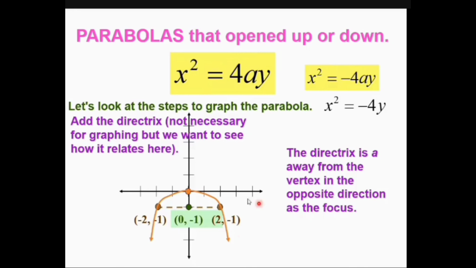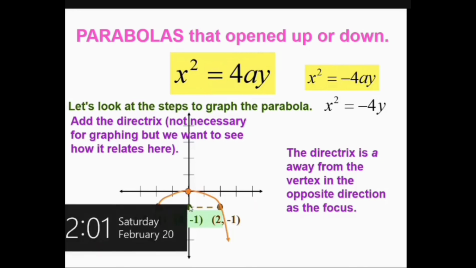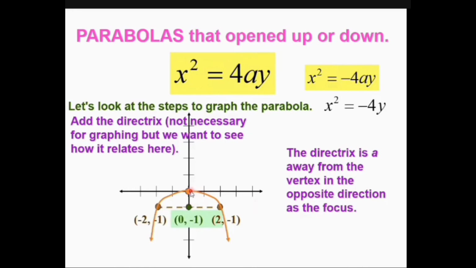So meaning, kung gaano kalayo yung focus kay vertex, ganun din kalayo si directrix kay vertex. Kung ito ay A units, meaning from here, going up is also A units. Ayan po. So the equation of the directrix is y is equal to 1.